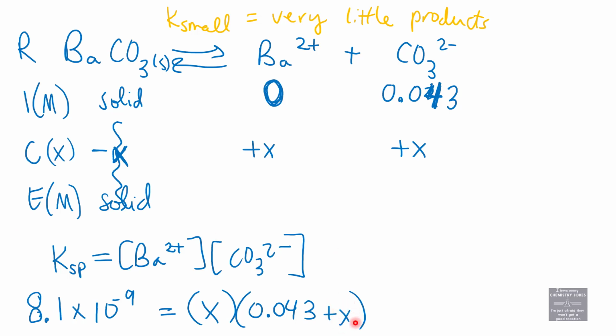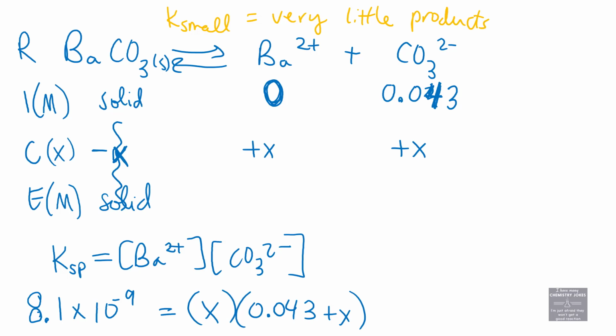If x is something tiny like, let's say, 1 times 10 to the negative 5th, would adding 1 times 10 to the negative 5th to 0.043 change 0.043 significantly? No, it would make it 0.04301. That's not a significant change. So when you add or subtract a very tiny x from a number that's not super tiny, it's not going to affect that number very much whatsoever.